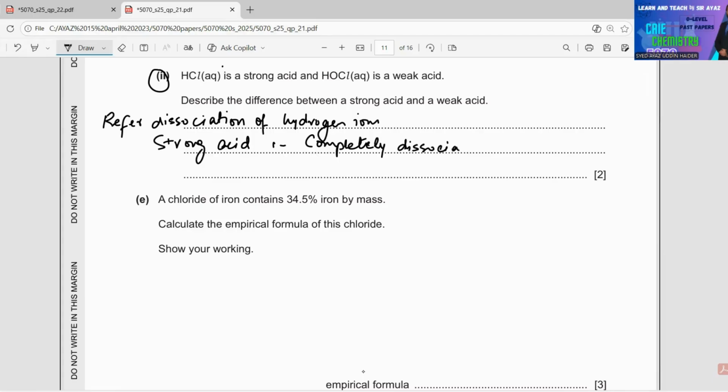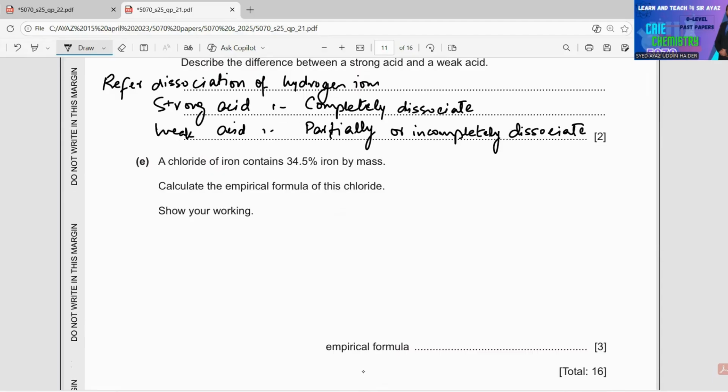Weak acid partially or incompletely dissociate to produce hydrogen ions. So these are the definitions of strong and weak acid.